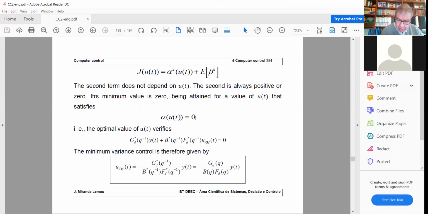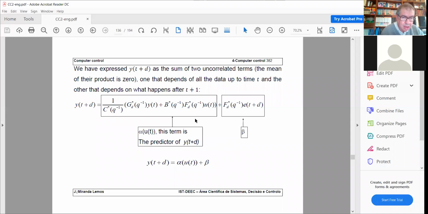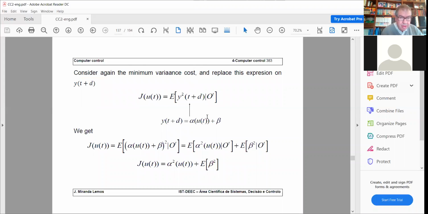Let's recall what alpha is. Okay, alpha is 1 over C times (G B), or if you multiply everything by C, it's G dy plus B star F star u equal to 0.